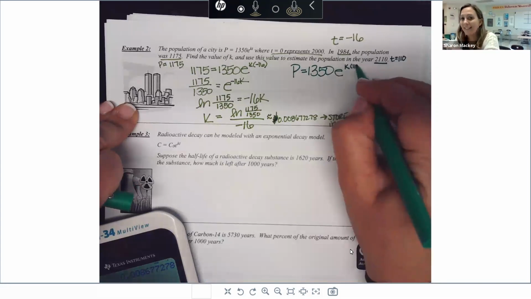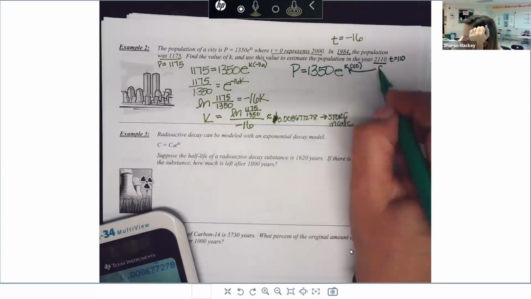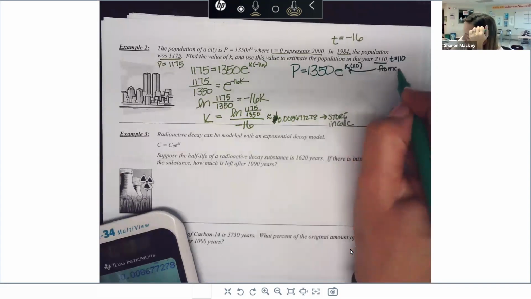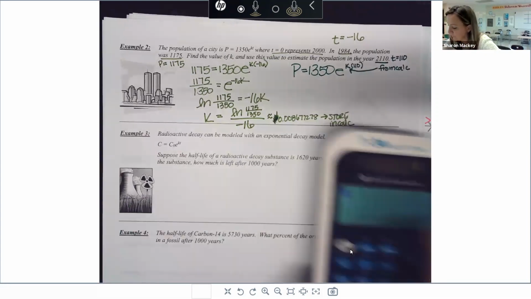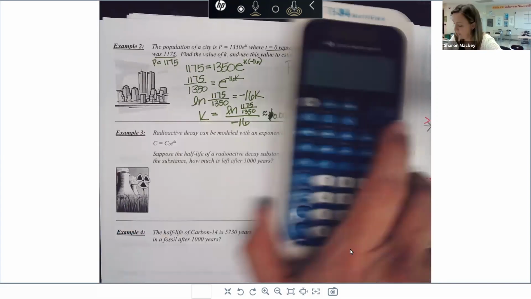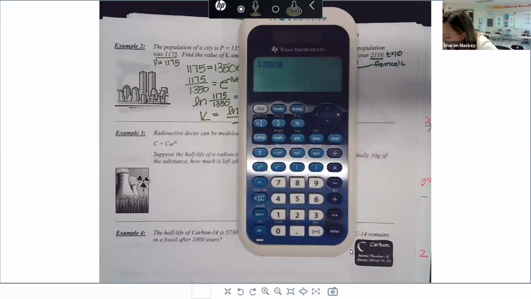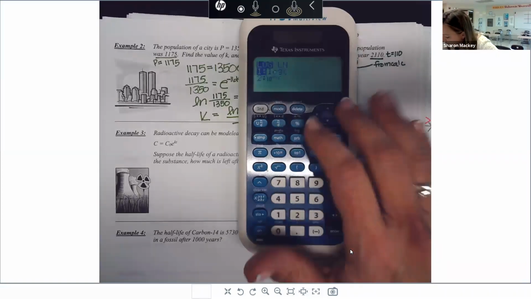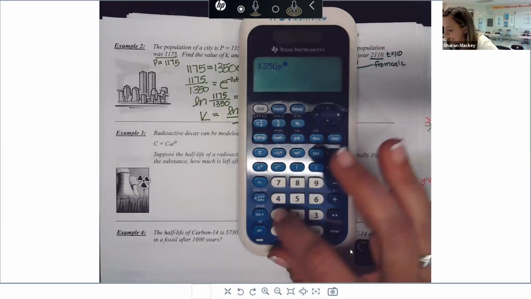Okay, but this K value is going to be from the calculator. So then the way you would put that in is you would just type that in. So you would have 1,350, and then you would have times e, and then you would raise it to the 110.